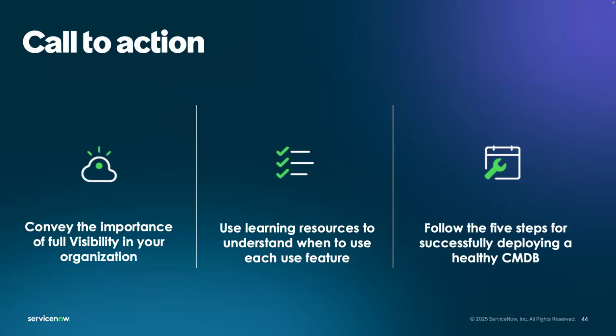We talked about a lot of features today. A lot of them are really helpful to establish that visibility, to build business context, so you can get better outcomes within IT and beyond, right? We also want you to understand the learning resources, and be able to leverage those and know when to use each feature that you saw today.